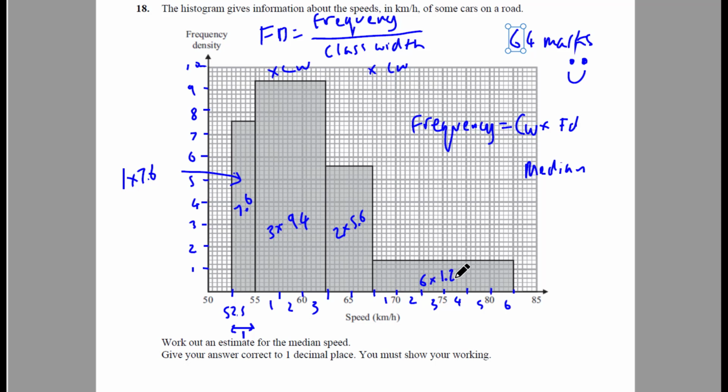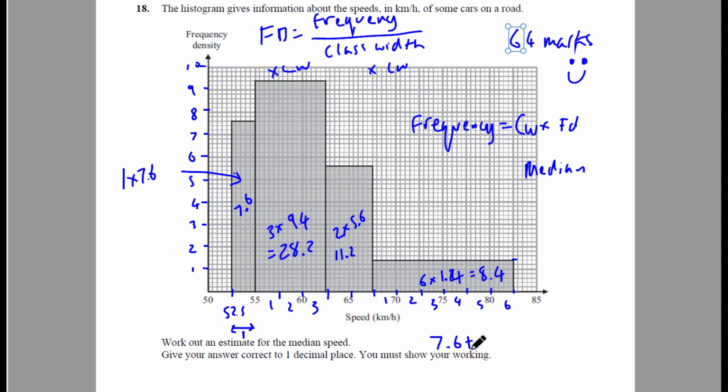Let's work all those out. So this is going to be 28.2, 11.2 and, correction here, that's going to be 6 times 1.4 equals 8.4. So we need to add all those together.